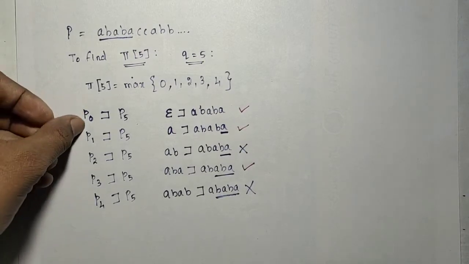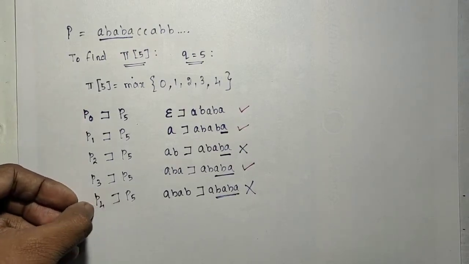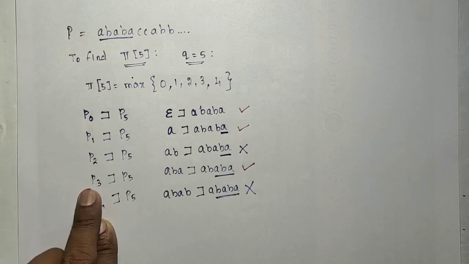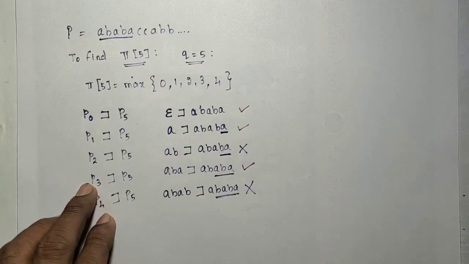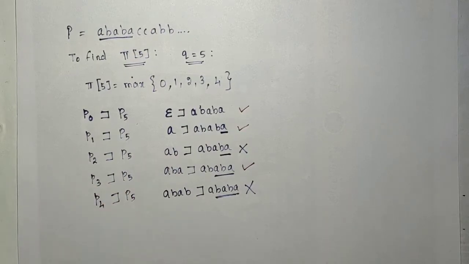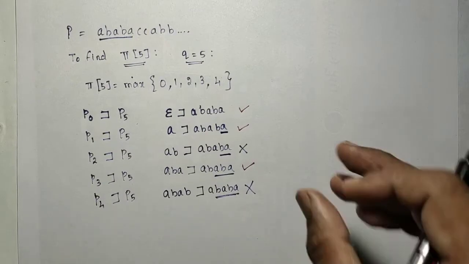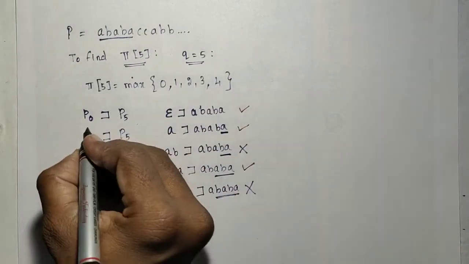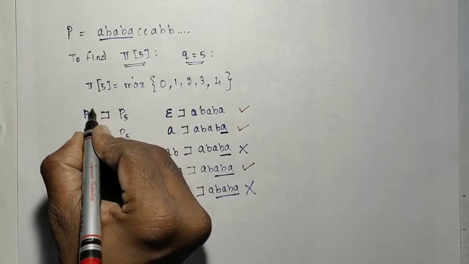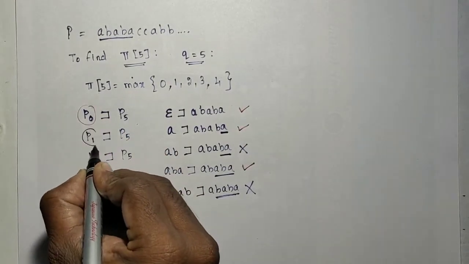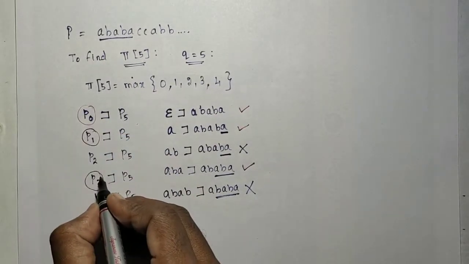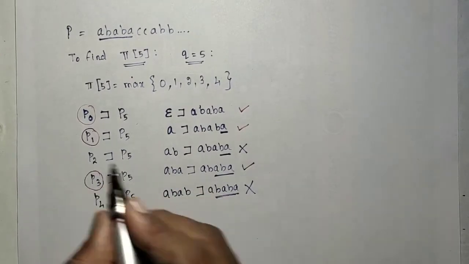So we need to list out all the possible prefixes, p0 to p4. Among that, which is the longest prefix which is a suffix of p5, like that we have to check. So among these, p0 and p1 and p3 are the suffixes of p5.